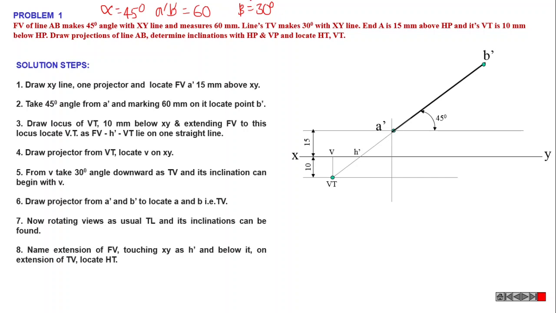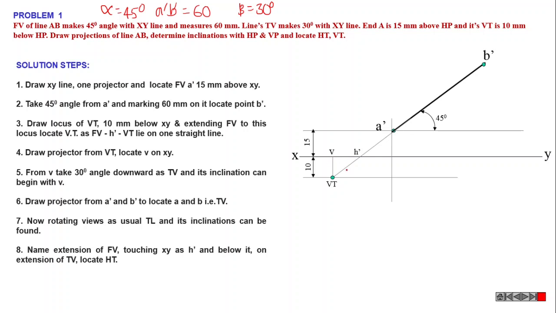Here the top view is inclined 30-degree with XY line. That condition is given, so we can draw a line inclined 30-degree with XY line, passing through V, because V, HT and plan must be collinear.